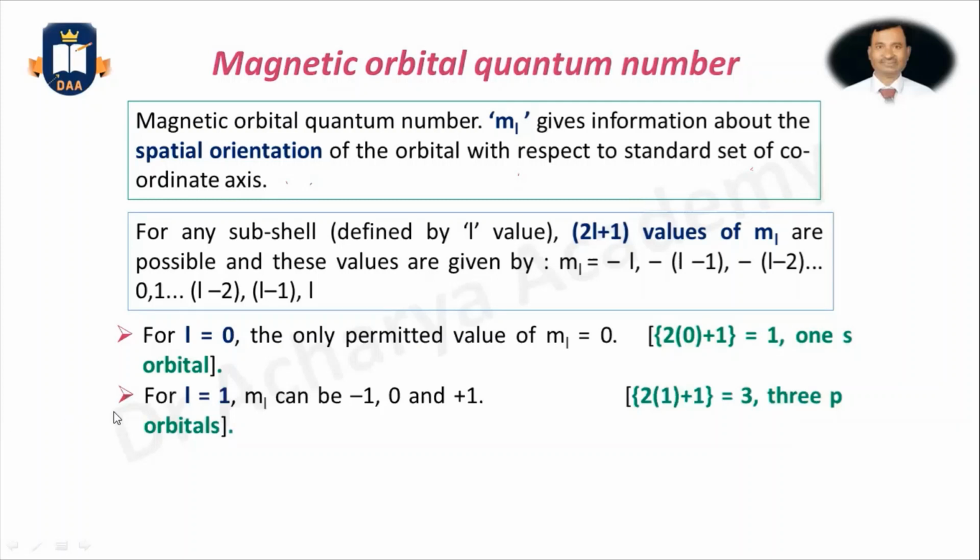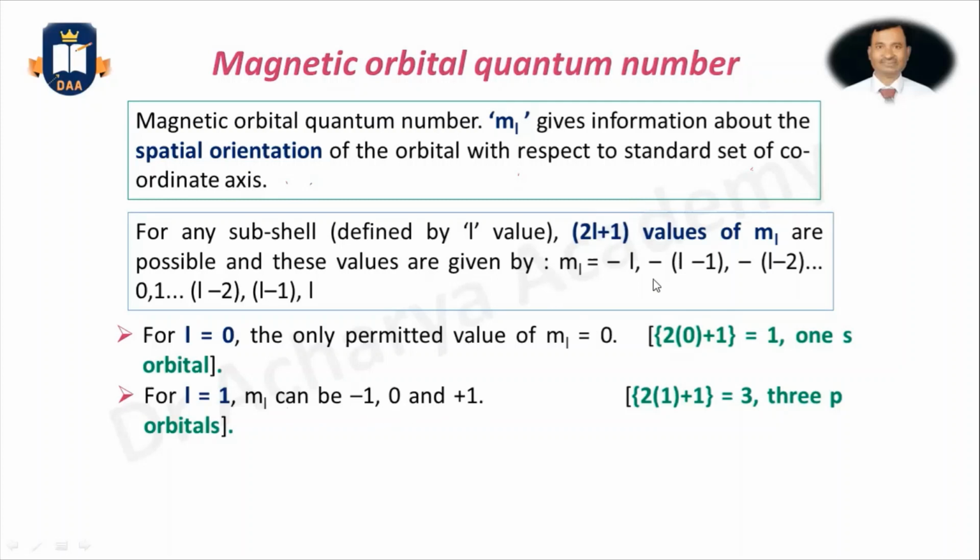Case number 2: when l is equal to 1. In 2l plus 1, if you put 1, the value is 3. That means the number of values of m subscript l will be 3, so here there are 3 p orbitals, and the m subscript l values can be minus 1, 0, and plus 1.